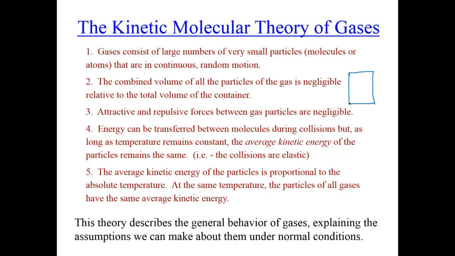The key thing here is number 4, and then number 5 basically says the average kinetic energy of the particles is proportional to the absolute temperature. So that's what temperature is a measure of. And that's the biggest difference between temperature and heat.